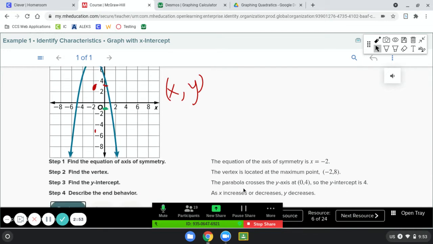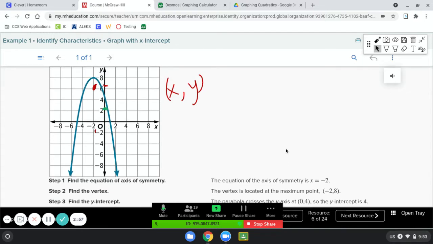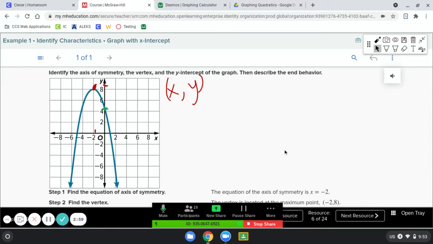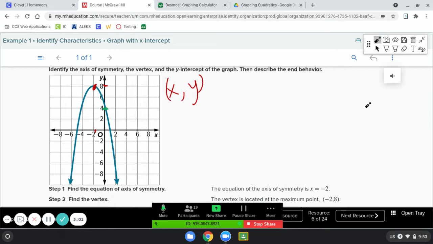So it says as x increases or decreases, y decreases. The way to think about this is, what happens as you increase on the x number line. If you start here and go up, to 0 or 1 or 2, what are the y values of those?